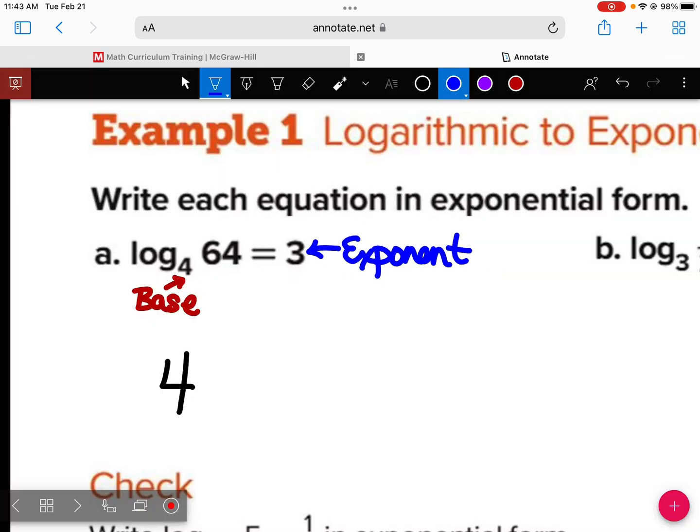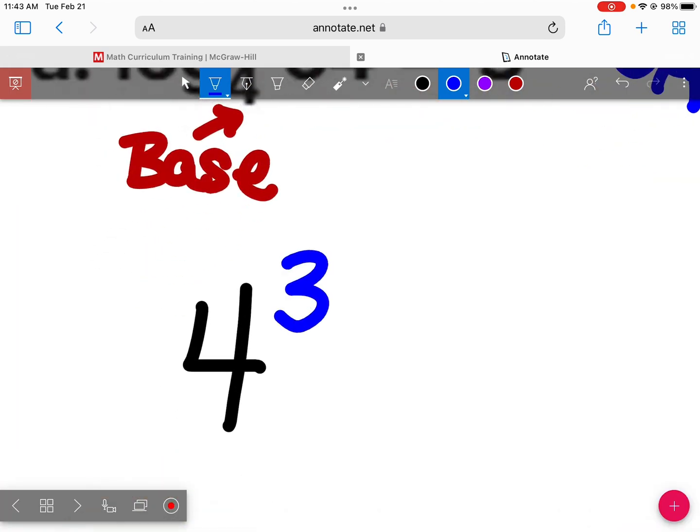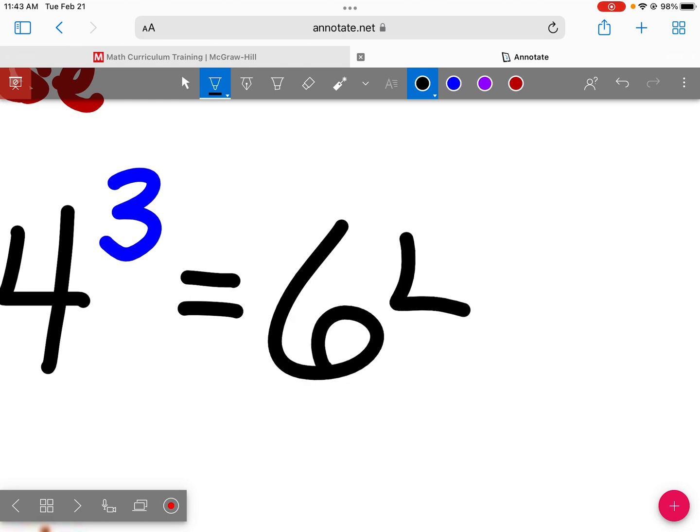So I'm going to have 4 to the 3rd power equals what? 64. If logarithmic form has an equal sign in it, exponential form is going to have an equal sign in it as well. If you put 4 to the 3rd in your calculator, is that actually 64? Yes. When you write it in exponential form, it should still be a true statement.